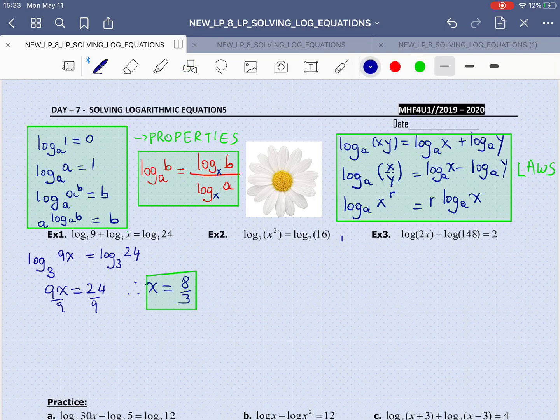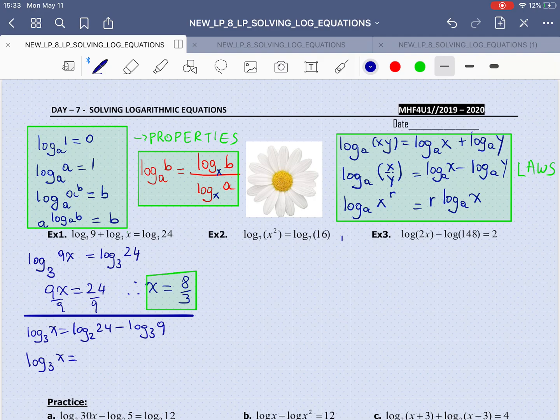by actually isolating log with base 3 of x. So we're going to say that log with base 3 of x equals log with base 3 of 24 minus log with base 3 of 9.